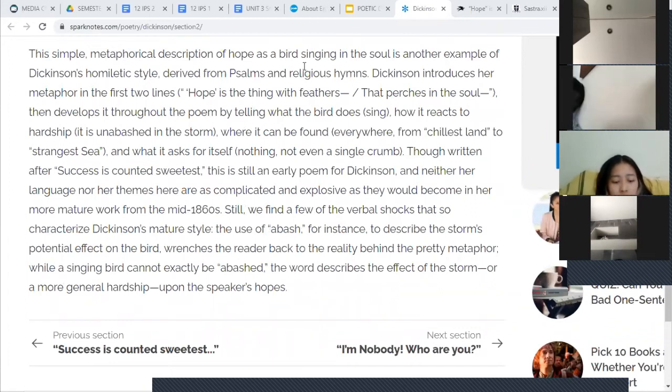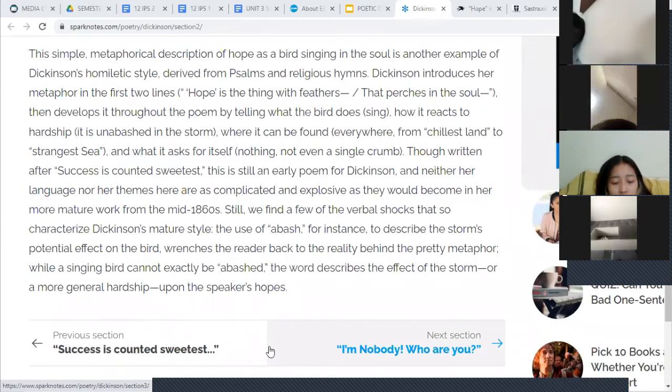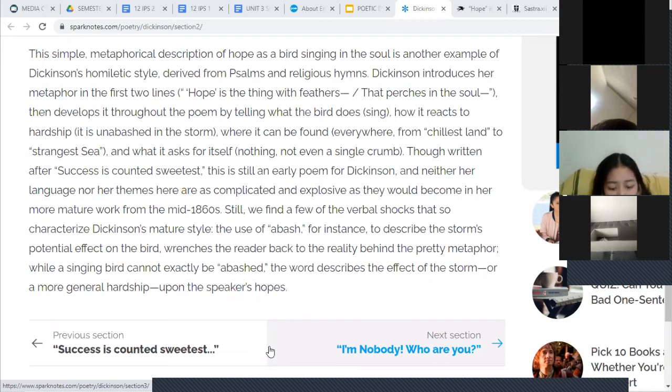Singing in the soul is another example of Dickinson's homiletic style derived from psalms and religious hymns. Dickinson introduces her metaphor in the first two lines. She says, hope is the thing with feathers that perches in the soul. Then develops it throughout the poem by telling what the bird does, sing, how it reacts to hardships.